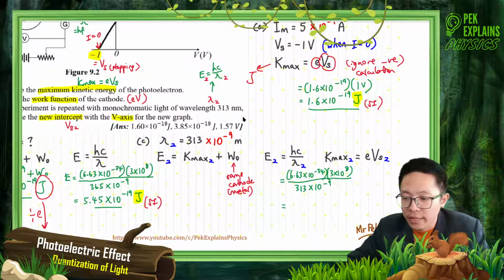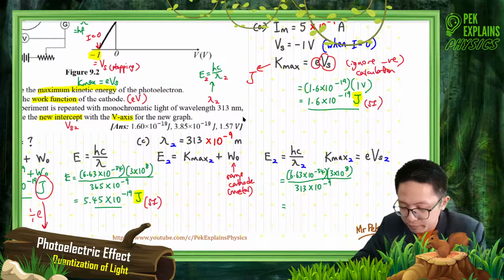So what is the energy of photon? 6.63 exponent negative 34 multiply 3 exponent 8 divide by 313 exponent negative 9.